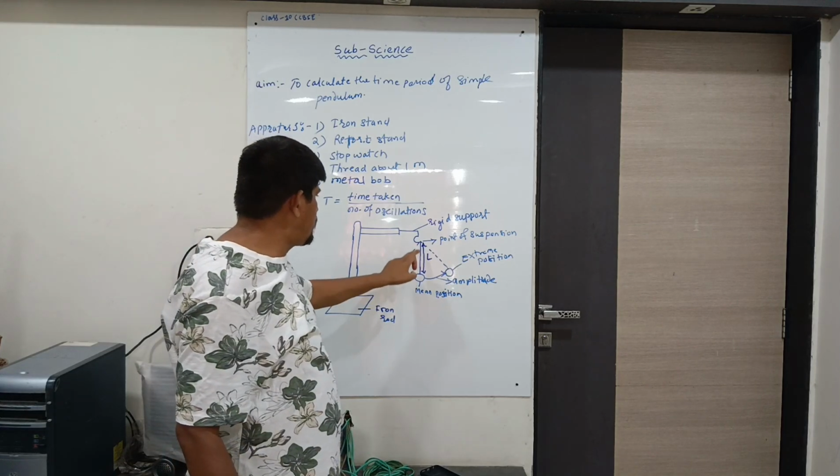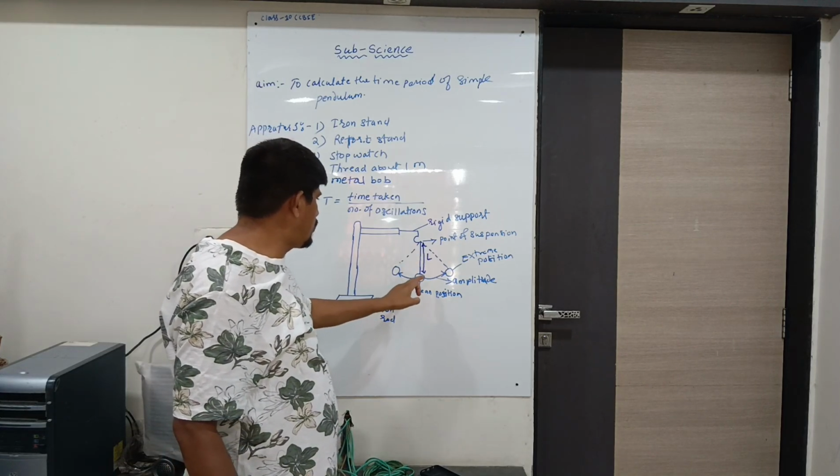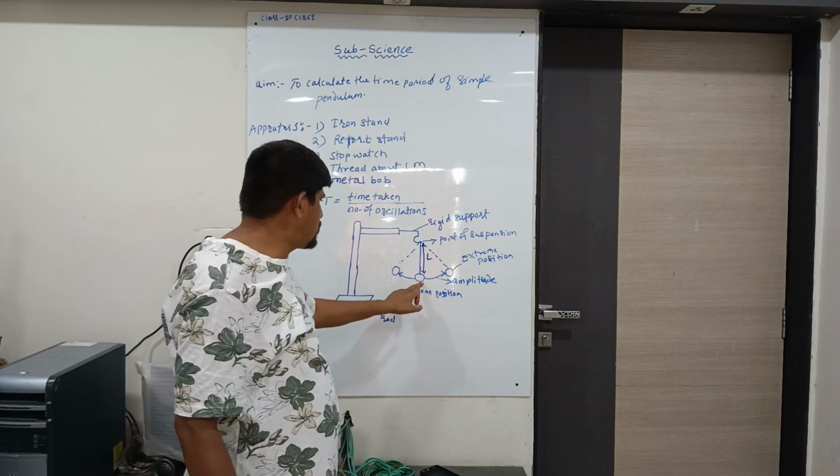This is the thread of the pendulum, and this is the bob of the pendulum, a metal bob. It is at the mean position.